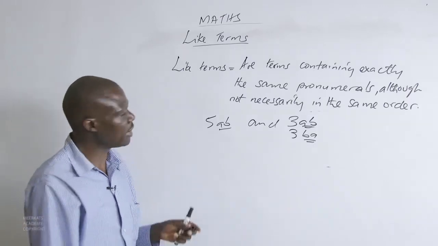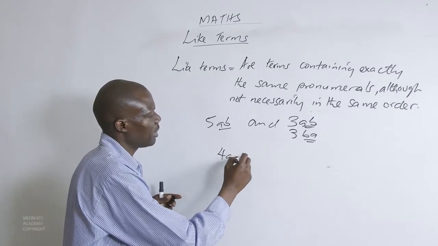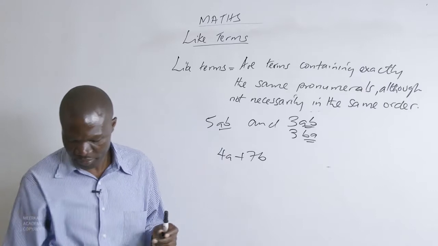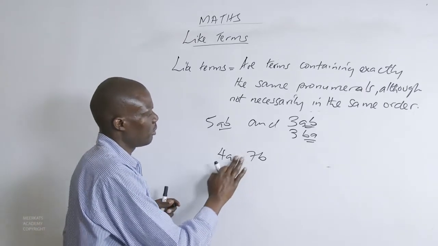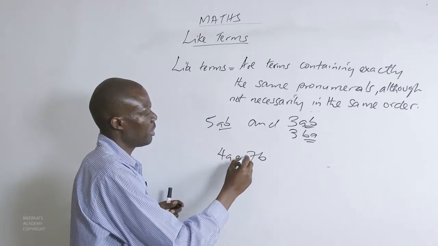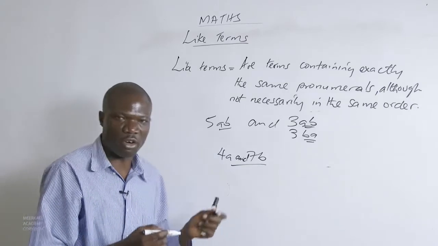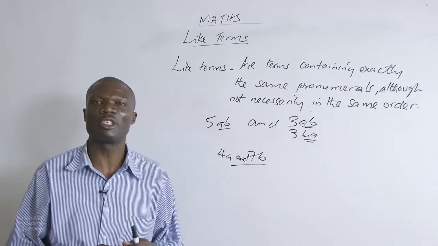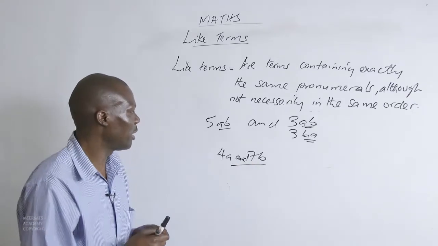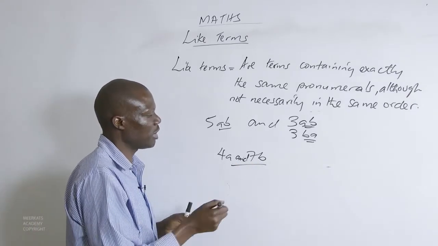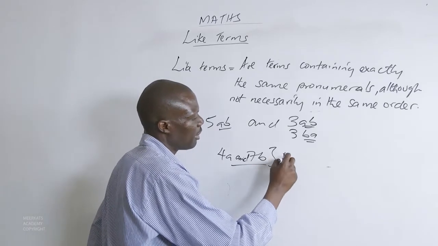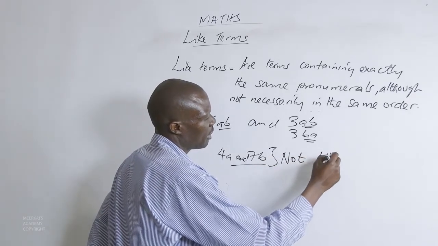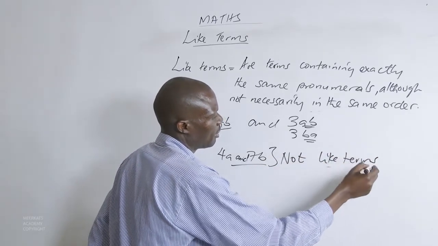If you look at 4A and 7B, when you compare these two, the first has its pronumeral as A, and the second has its pronumeral as B, so we shall say these are not like terms.